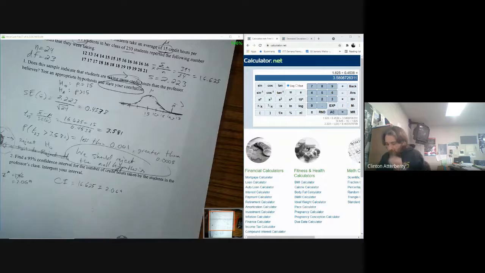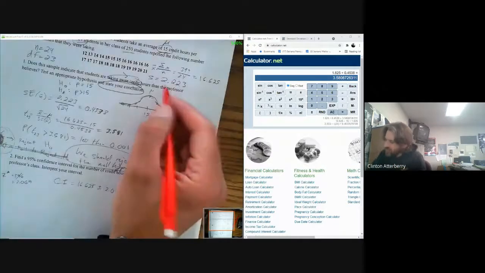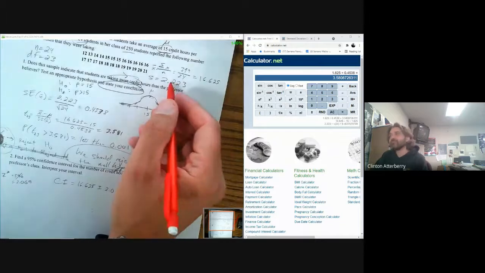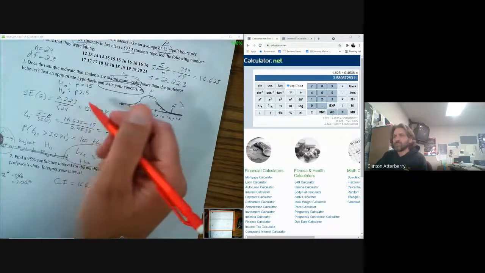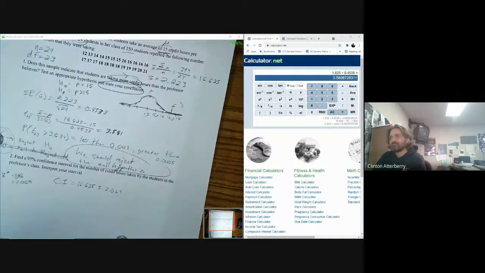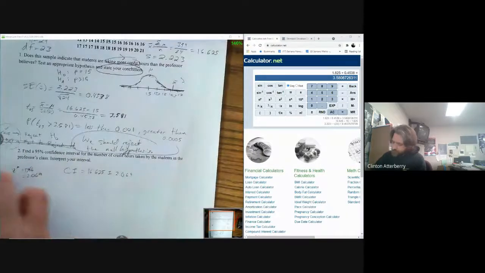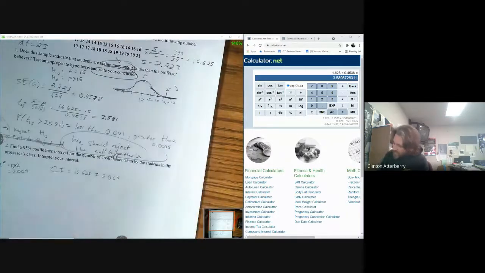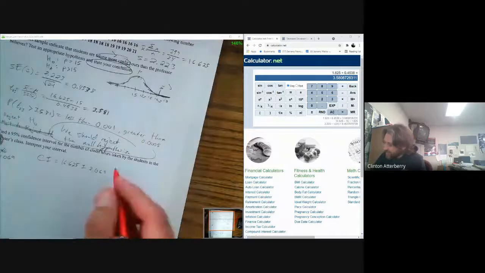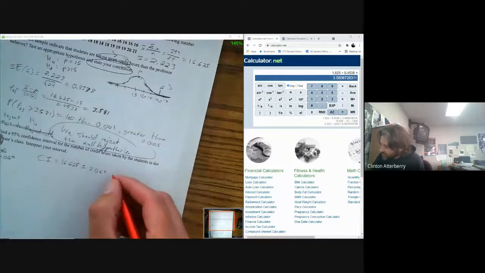We want to use not our standard deviation of the one thing. We want to use the one for the group. We want to know about the bigger group. Looking at my standard error, I got 0.4538.